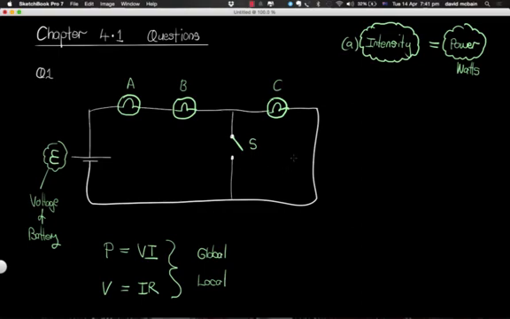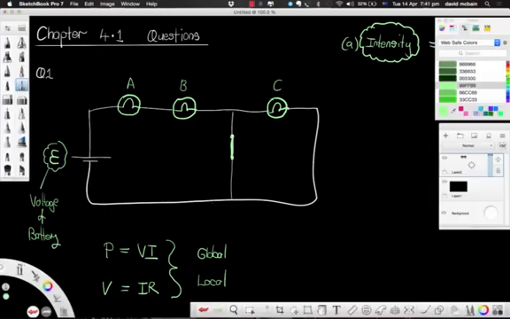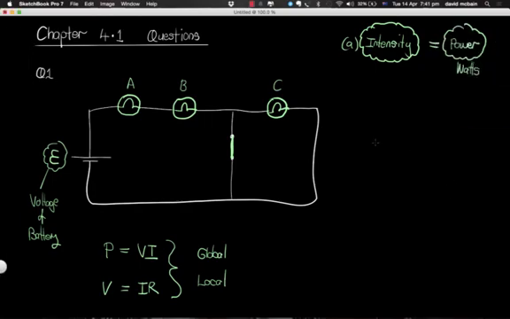If we close the switch, this switch here, then what's actually going to happen is that we will now connect that part of the circuit. So there's our closed switch. Now what does that mean? What's that going to do with our circuit here?